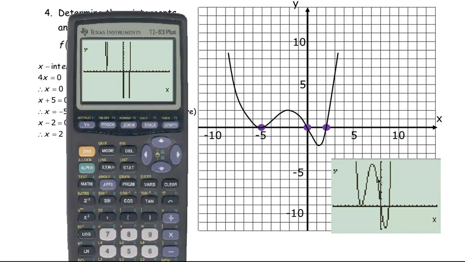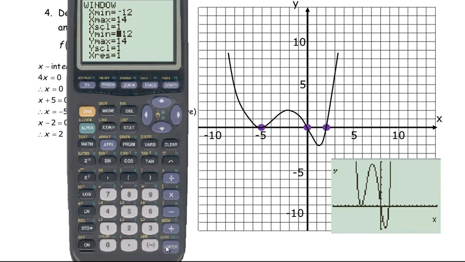What I had to do is alter the window. I left the x-axis the same, it's okay. But actually what I had to do is go y min, I think it went to -200, and the y max at 300. I think that's what I did.